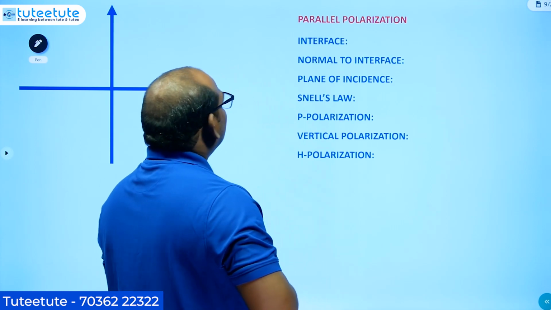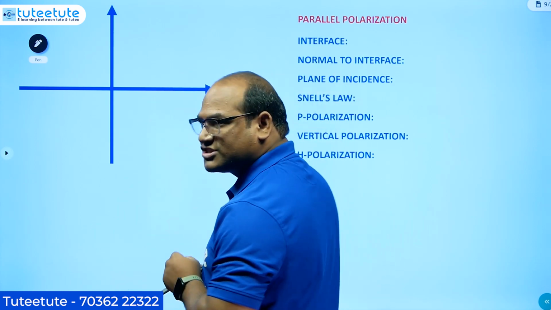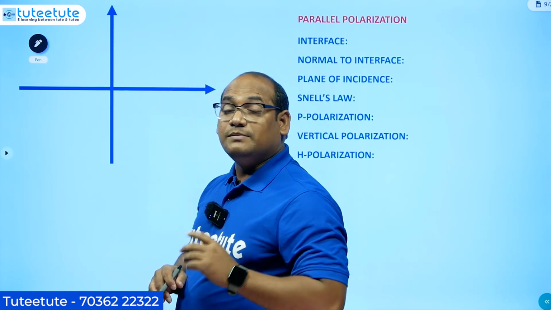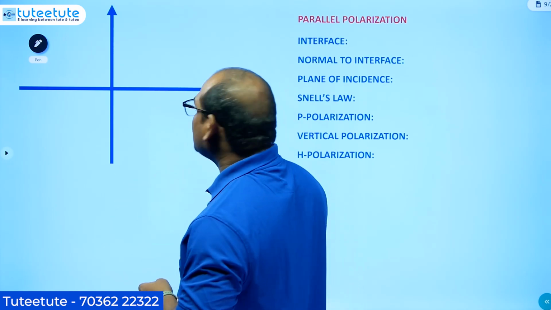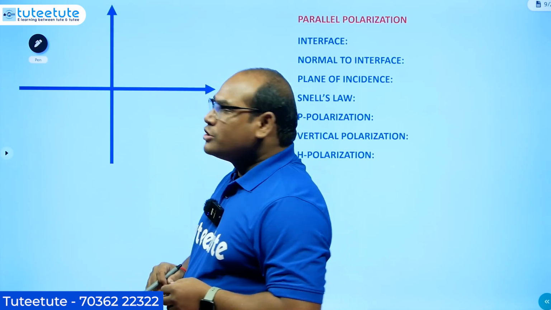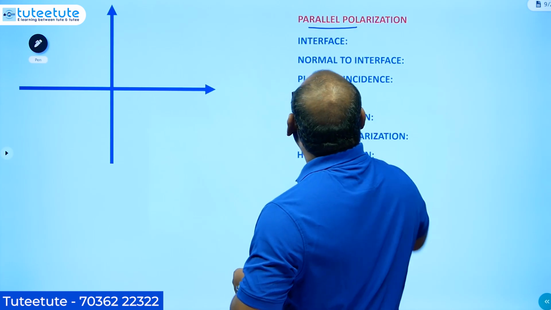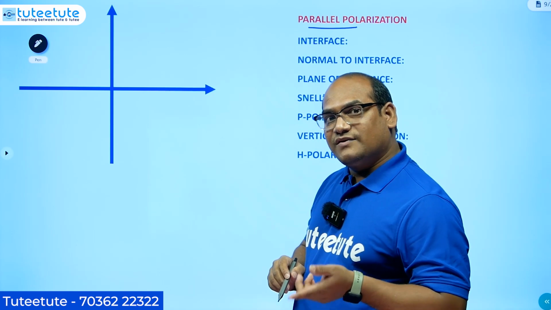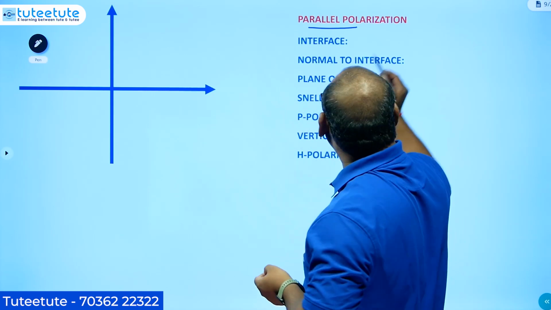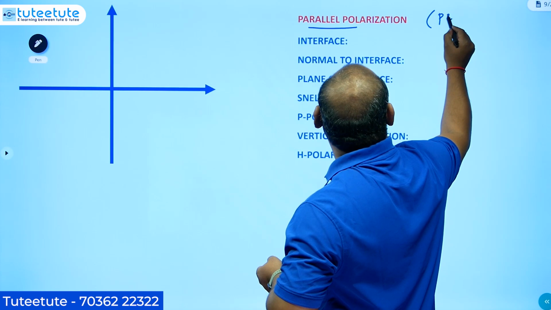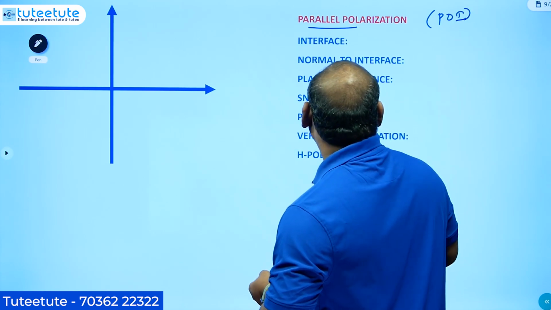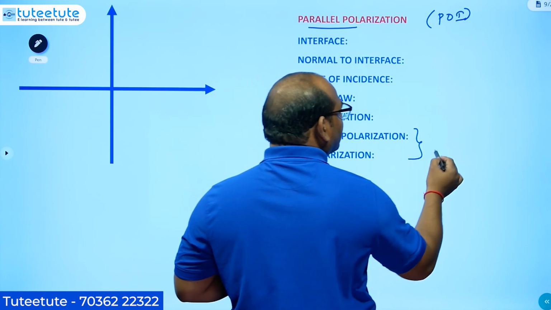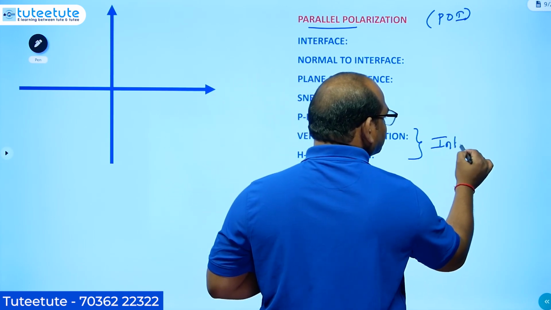First we'll study this structure: how the incident wave, reflected wave and transmitted wave will be oriented according to this particular parallel polarization. As I said, in perpendicular polarization also, this name was given according to the plane of incidence, and vertical polarization and H polarization are given according to the interface concept.